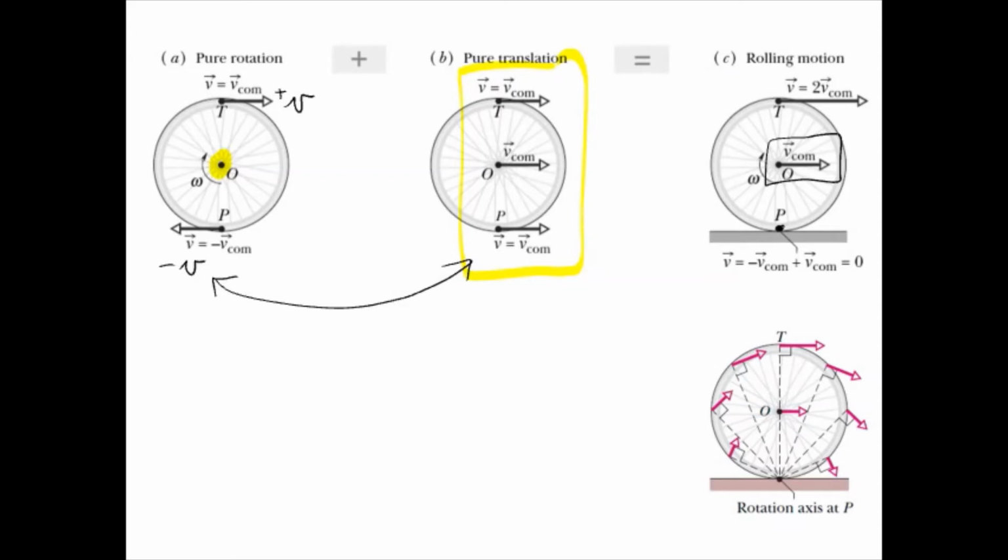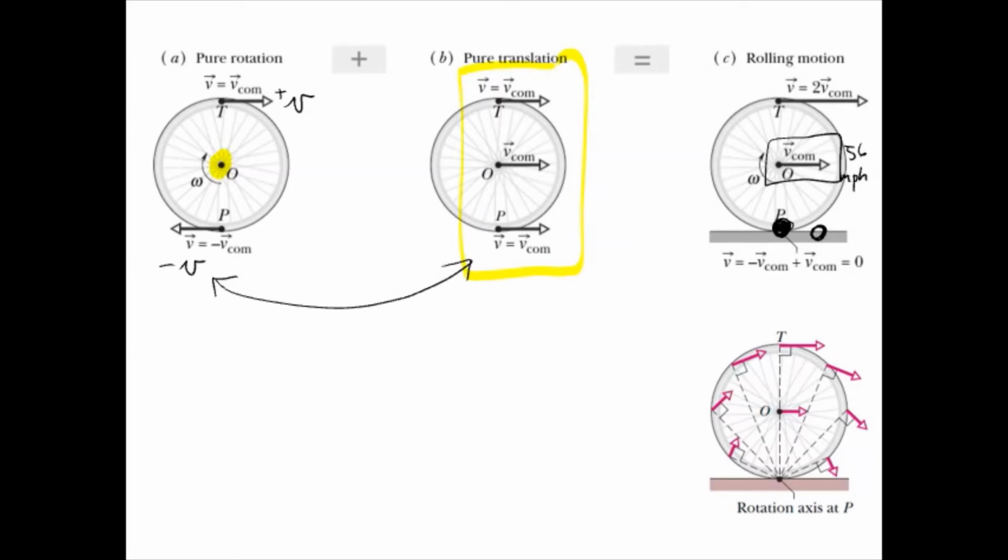So the center of mass now is moving to the right down the road, let's say at 56 miles per hour, right? But the bottom of the wheel now is gripping the road. And so the actual motion of the bottom of the wheel in that reference frame is 0. In other words, the bottom of the wheel we said was moving to the left at speed v compared to the center. And so when we have the center moving at speed v, then the bottom of the wheel is actually at rest. So down here at the bottom of the wheel we have 0 motion.